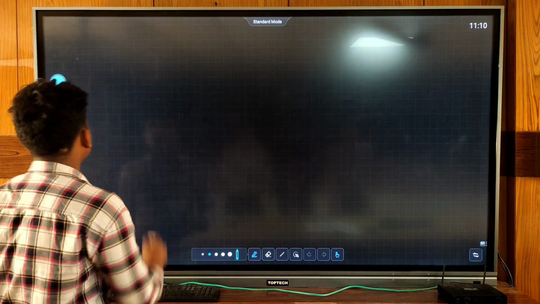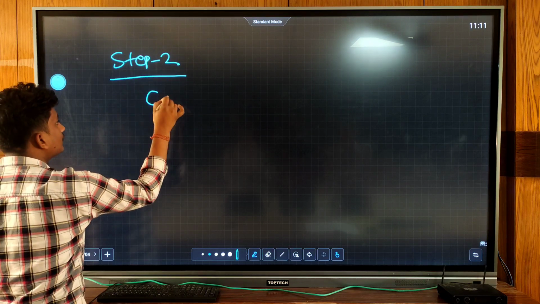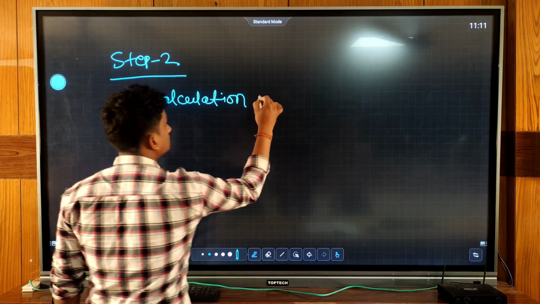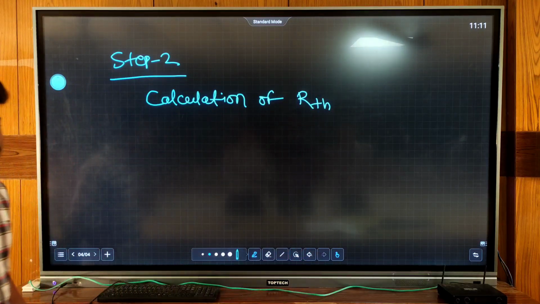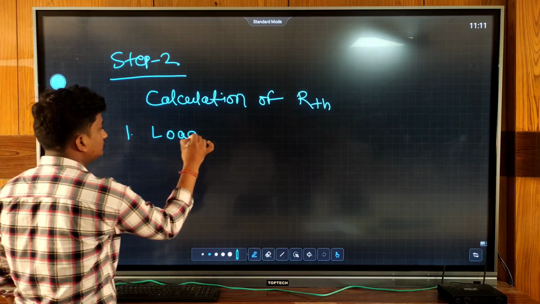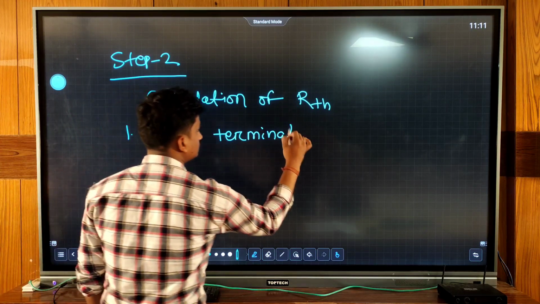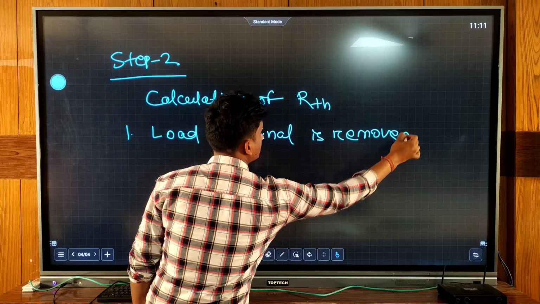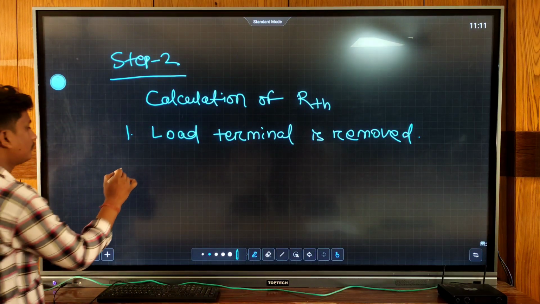In step number 2, we have to calculate RTH. During calculation of RTH, the same load terminal is removed, and if there are sources, then the sources are replaced by a short circuit or open circuit.